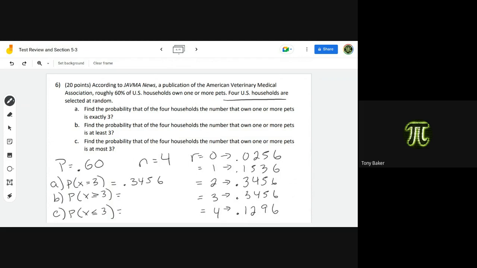So it says at least 3, so I'm going to add 3 and 4 together. So I get 6 plus 1, 2, 0.4752.